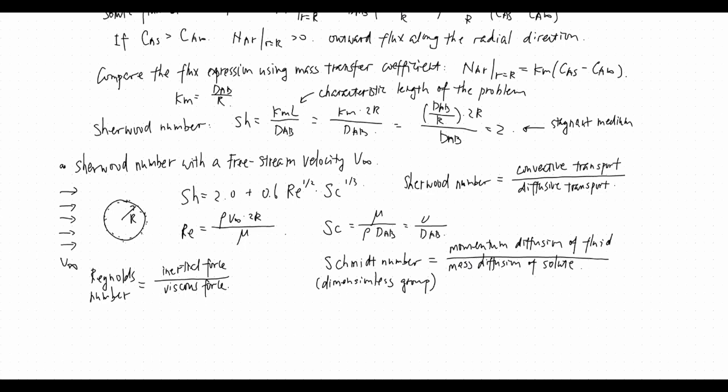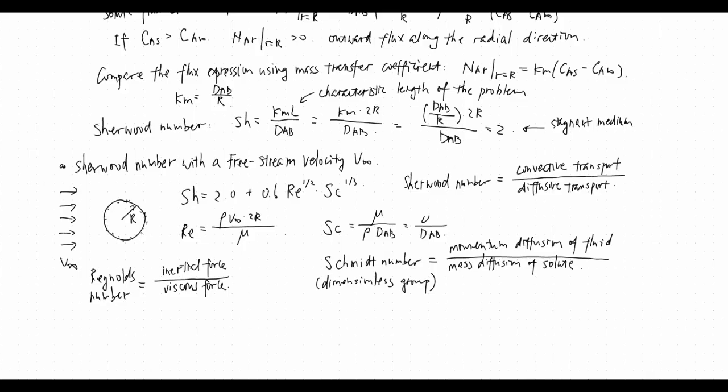That's all I would like to cover about the spherical scenario. Just a few comments. When you have a free stream velocity V infinity, the Sherwood number would increase. If you have a higher Reynolds number, you have a higher Sherwood number. If you have a higher Schmidt number, you have a higher Sherwood number. Intuitively, what's the reason? If V infinity is 0, then the Sherwood number would reduce to just 2.0.